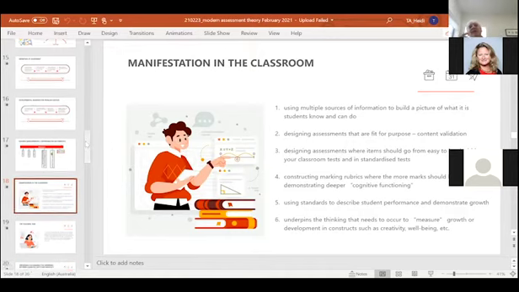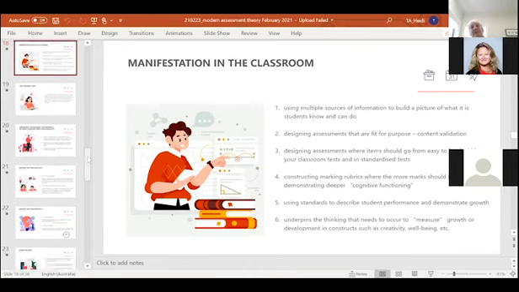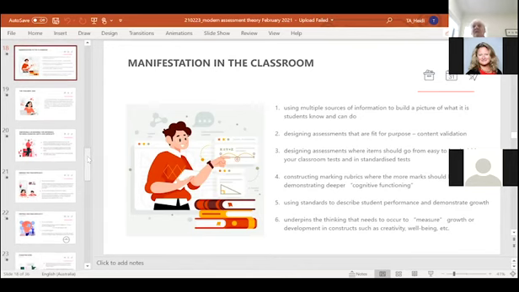So, the sorts of ways this modern assessment theory manifests itself in the classroom says I've got to use multiple bits of information, not just a single test. Let's confirm we've talked about that. You've got to make sure that your assessments are fit for purpose, that you actually write good quality tests.